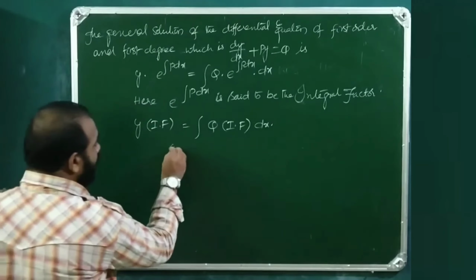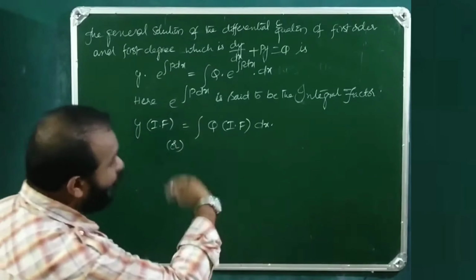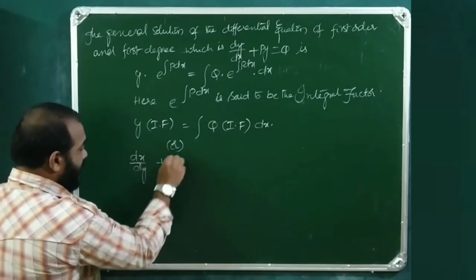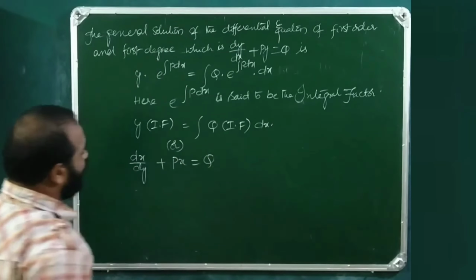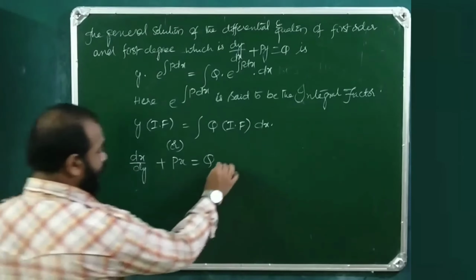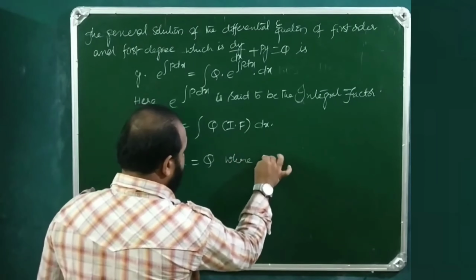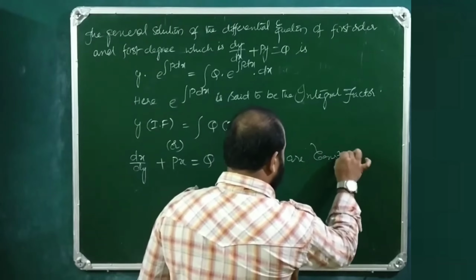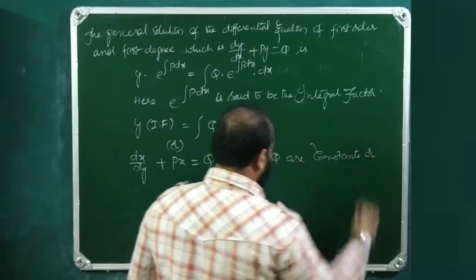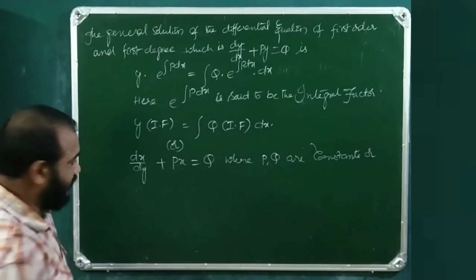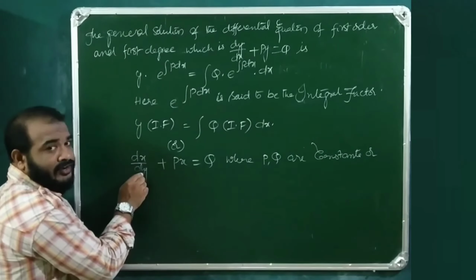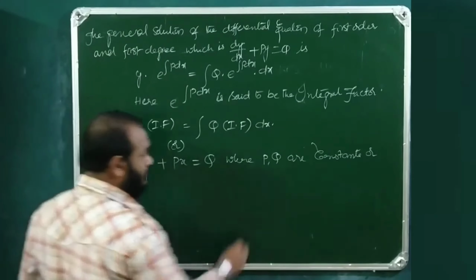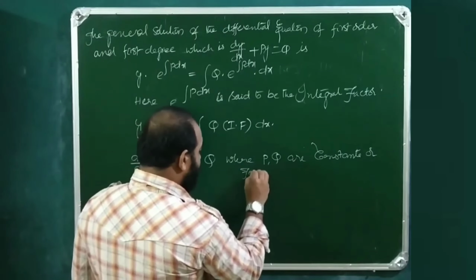Or the differential equation can also be in the form dx by dy plus px equals q, where p comma q are constants or functions of, can you guess, the independent variable. Therefore, p comma q are either constants or functions of y.